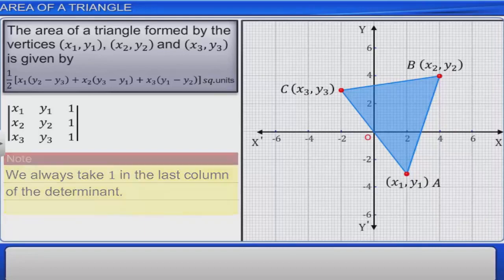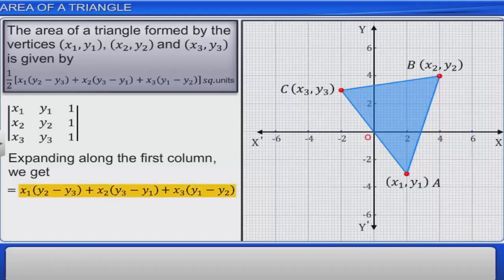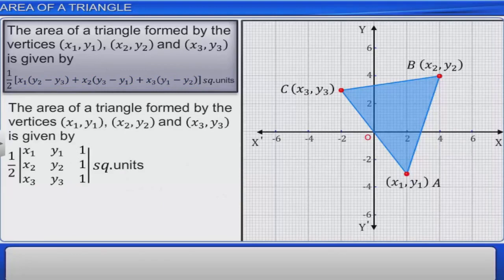On expanding this determinant along the first column, we get x1 times of y2 minus y3 plus x2 times of y3 minus y1 plus x3 times of y1 minus y2. Observe that this is the same expression as we had in the formula to calculate the area of a triangle. So replacing this expression by the determinant in the formula, we get a new formula to calculate the area of a triangle in terms of a determinant.